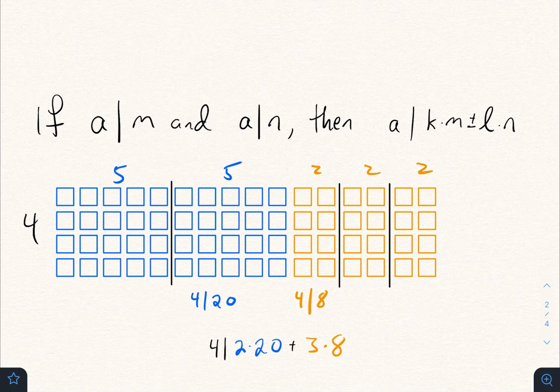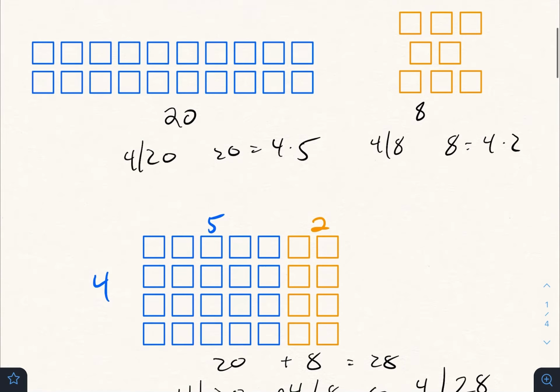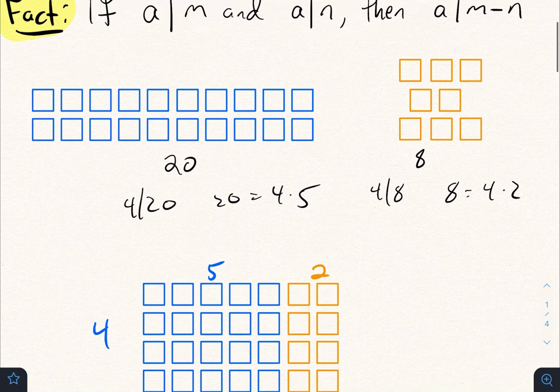And last thing, what's going on with the minus? With the minus sign, let's just do it with this right here. If a divides m and a divides n, then a is also going to divide m minus n. So let's just say m minus n up here.